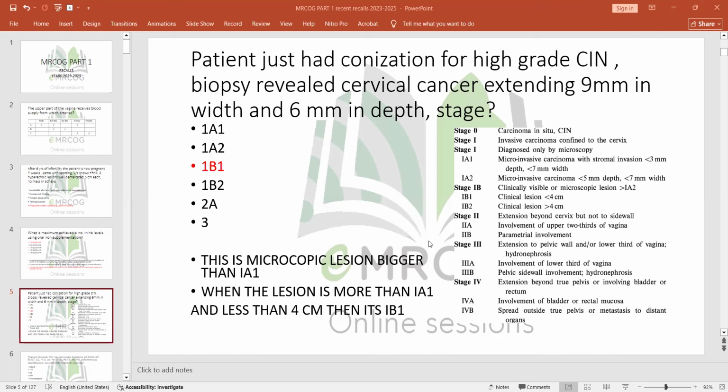So as you can see, depth is going to lead you to a greater stage, not the width. So the depth is more important, and it's more important in management also, how far we are going to inoculate this tumor.